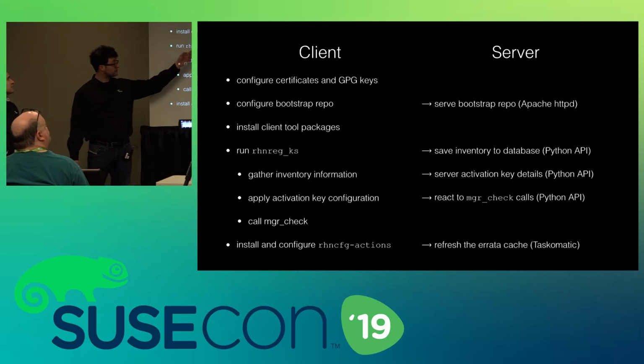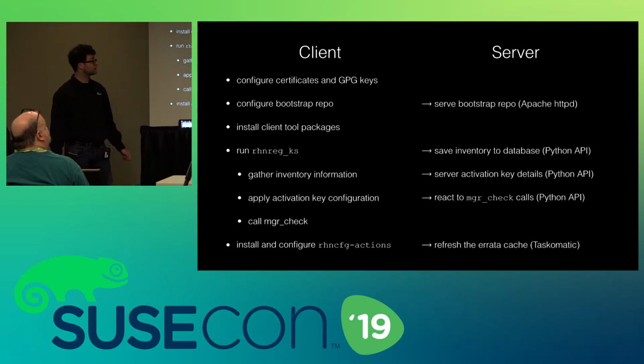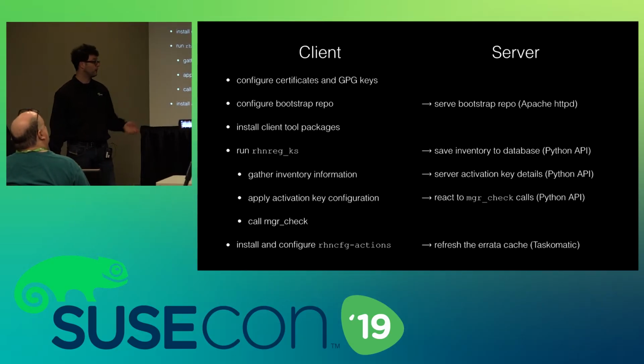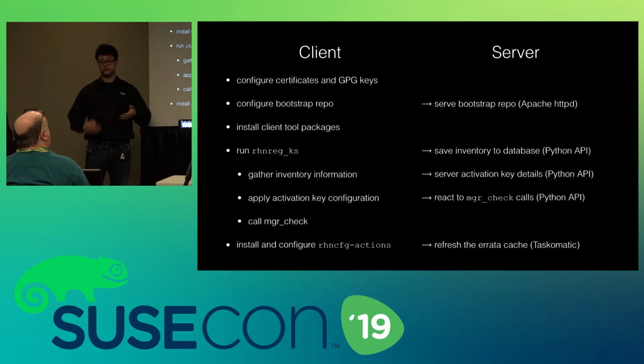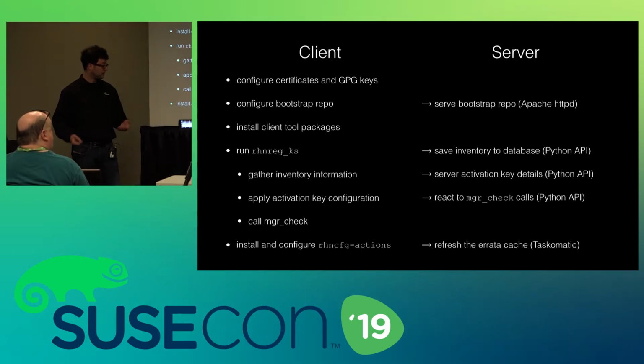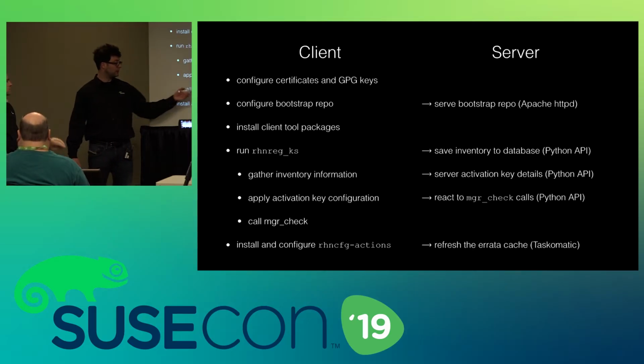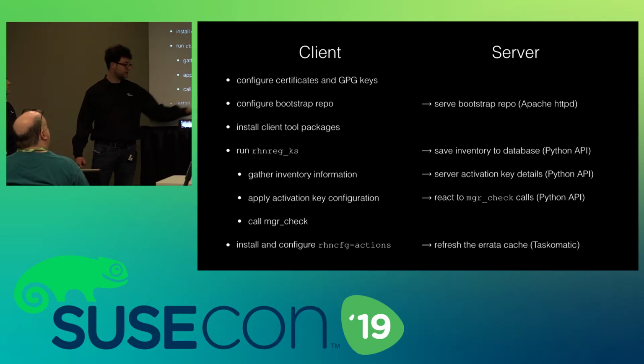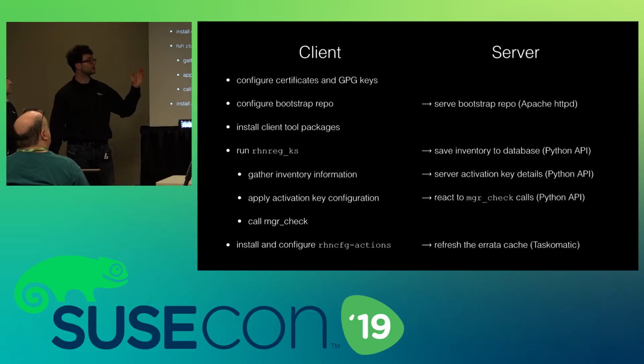Then it runs this particular script, rhnreg.ks, which will send to the server inventory information using the same channel that we've seen before, apply any activation key. If the activation key specified packages, install them, configuration files, change them, and ultimately call mgr check, which will do the usual things. As a last step, it will also install and configure this particular package, which is part of the client tools.